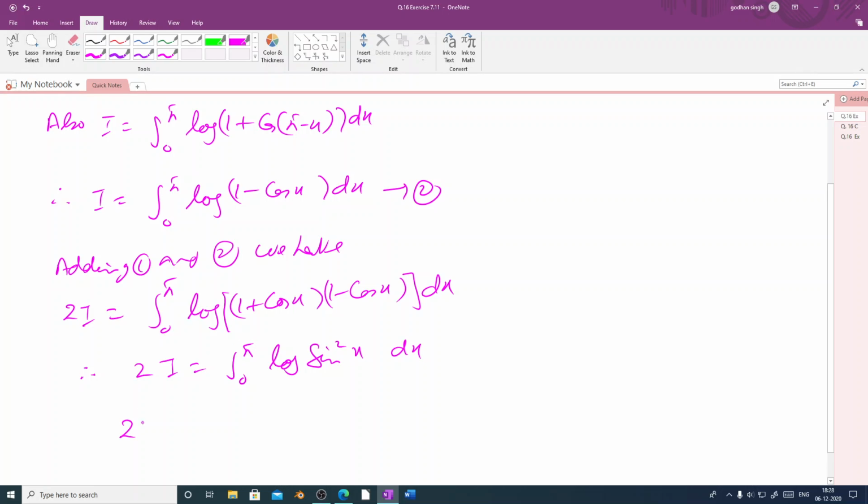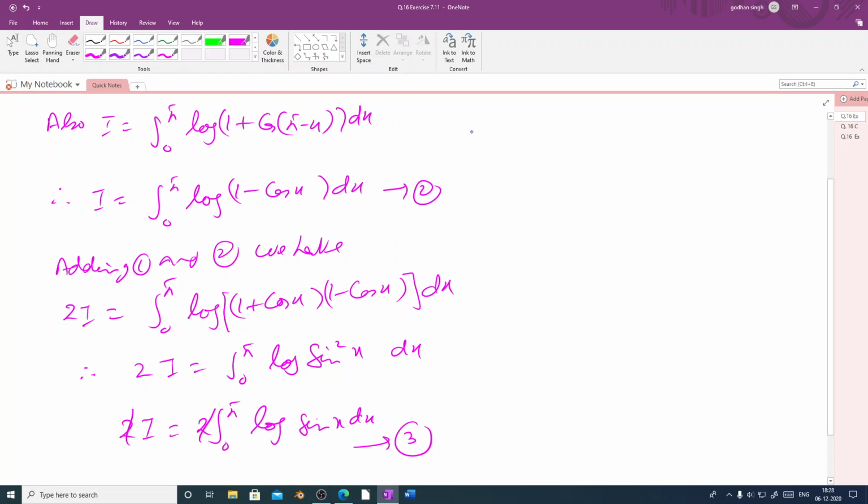So this can be written as 2I equals the integral from 0 to pi, with the 2 coming out of the logarithm and out of the integration too, of log sin x dx. Both sides' 2 cancel out, and suppose this is equation number 3.